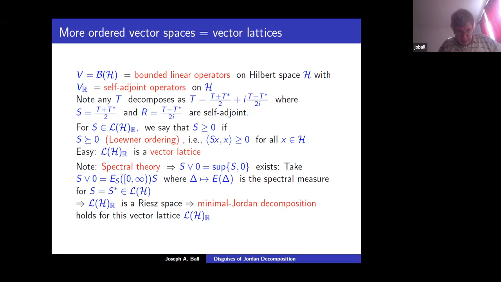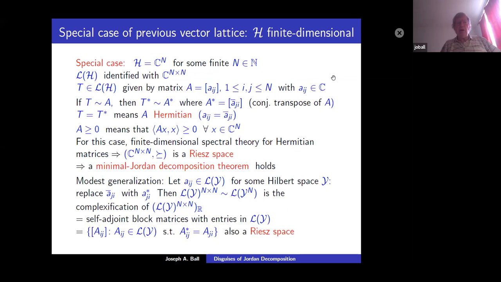Then the next slide is a special case when the Hilbert space H is finite dimensional. Then operators are identified with matrices. And now we're in a sophomore linear algebra course, and we talk about Hermitian matrices.